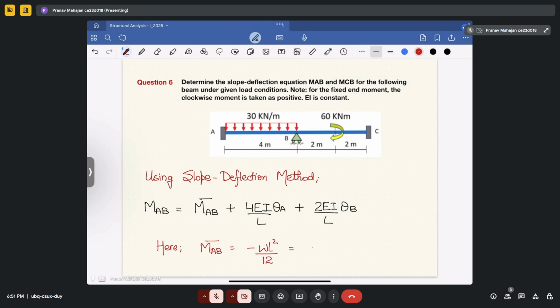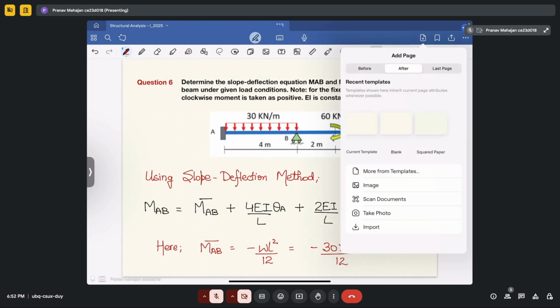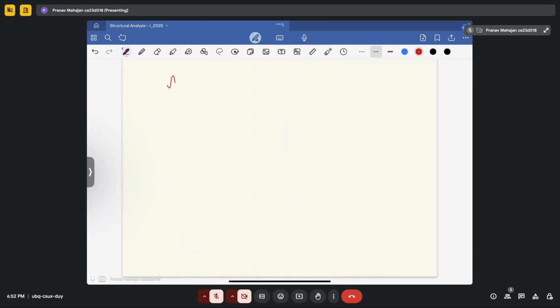That means it will be equal to 30 into 4 square divided by 12, and you will get the value as minus 40 kilonewton meter. Also in this case theta A will be equal to 0 because of fixed support.